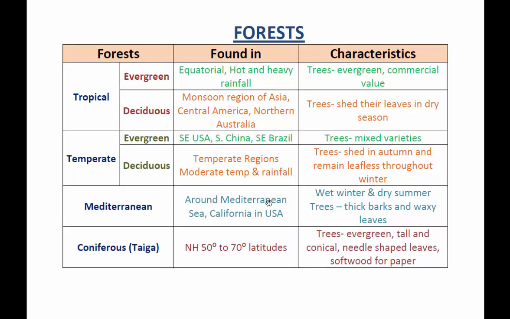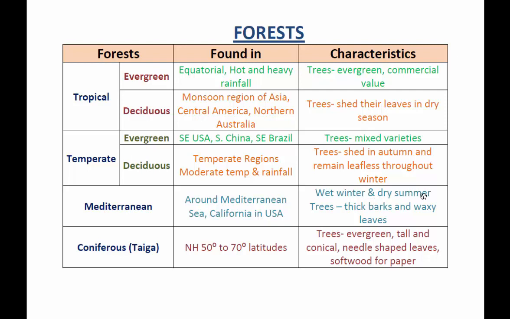Next one is Mediterranean forests. These Mediterranean forests are found around the Mediterranean Sea, which I have already told you, and this region has a very typical type of climate. They have wet winter and dry summer.